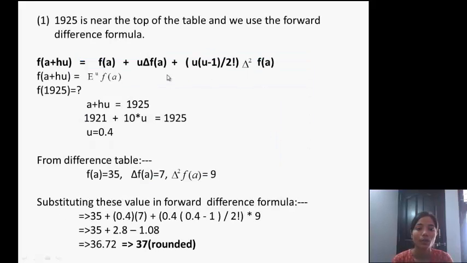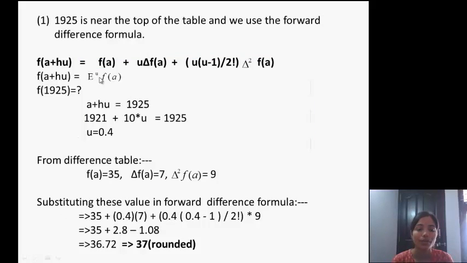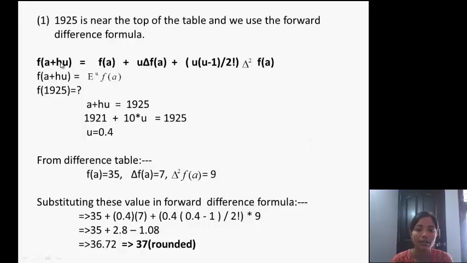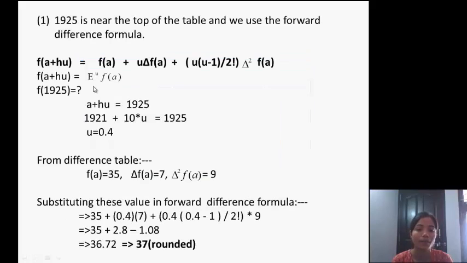Now we have to estimate the population in the year 1925. From our difference table, we can see that 1925 is at the top of the table, so we use the forward difference formula. Here a is the starting year, that is 1921, and h is the difference between the intervals, that is the difference between 1921 and 1931.